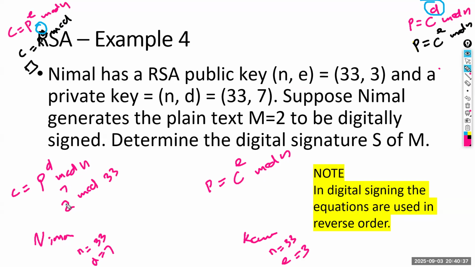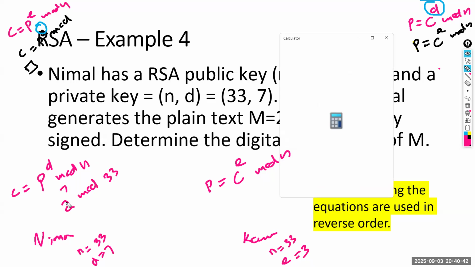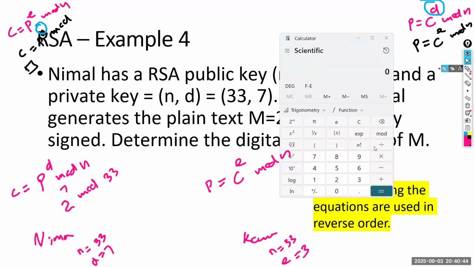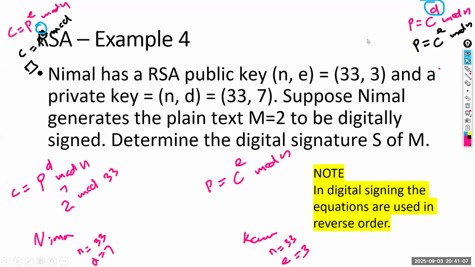Of course, you can do this without a calculator because 2 to the power 7 is easy, but I will be using the calculator to make it fast. 2 to the power 7, sorry, I made a mistake. 2 to the power 7 is 128. 128 mod 33, that is you divide by 33. What is the remainder? You don't need a calculator for that. That value is 29. So your ciphertext, or the sign text, is 29.